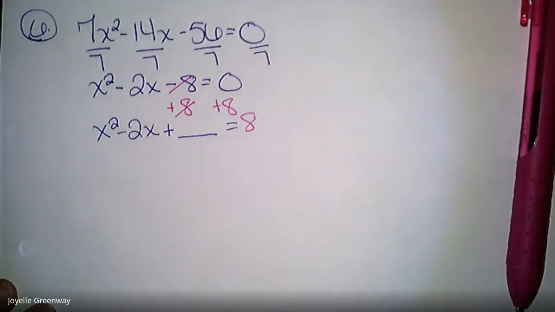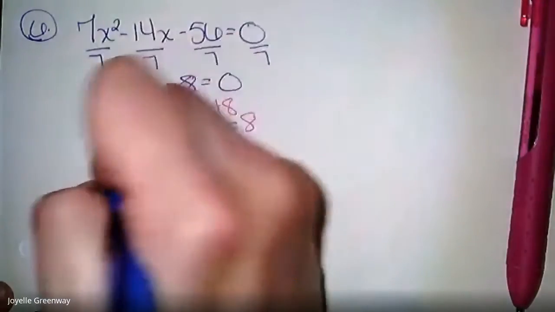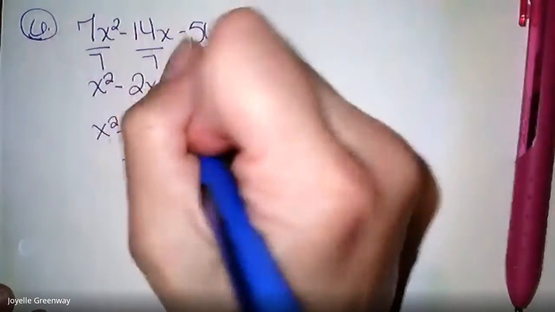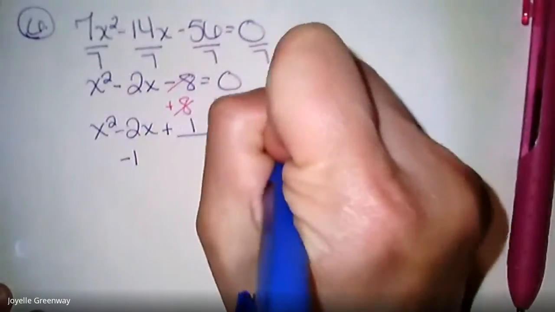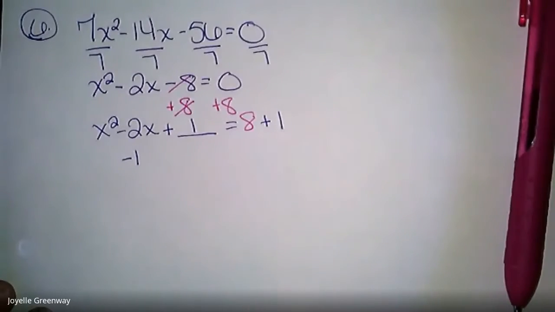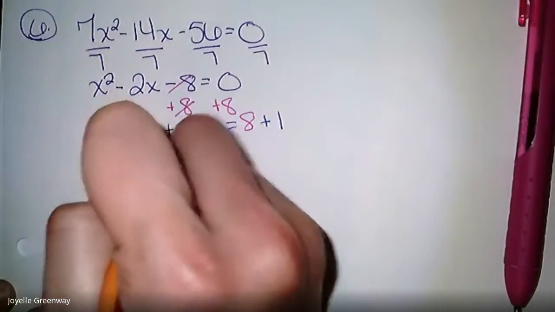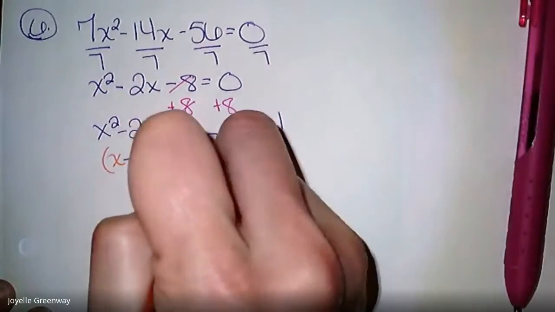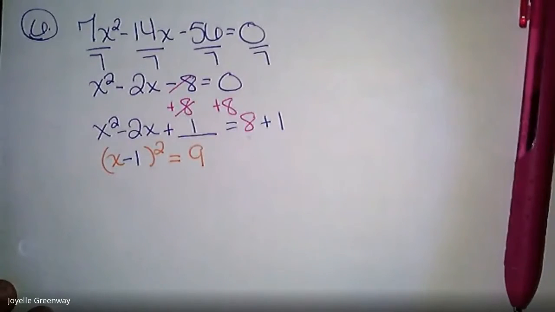So now I'm going to take half of negative 2, which is negative 1. I'm going to square negative 1, which is 1, and I'm going to add it to both sides. So then I just complete that square and add those terms equals 9. So I get the quantity of x minus 1 squared equals 9.